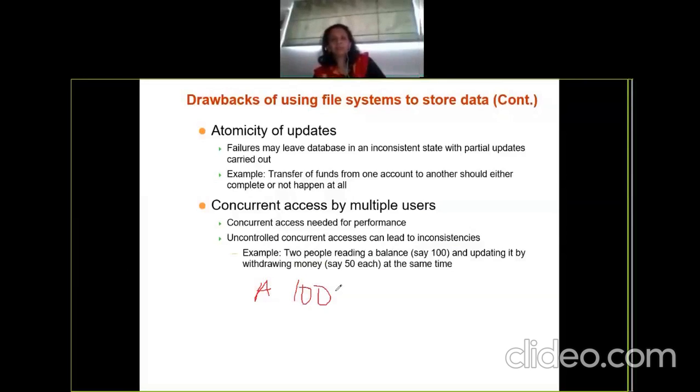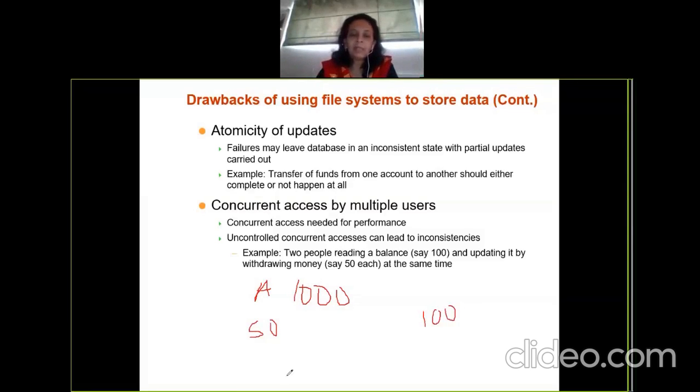Now, suppose two clerks of this department are simultaneously accessing or updating the data. Suppose one clerk updates the information and debits 50 rupees from this department, from 1000, and another clerk at the same time debits 100 rupees from the same department.